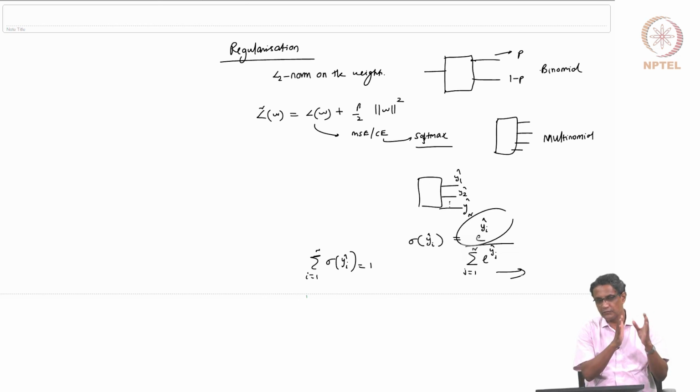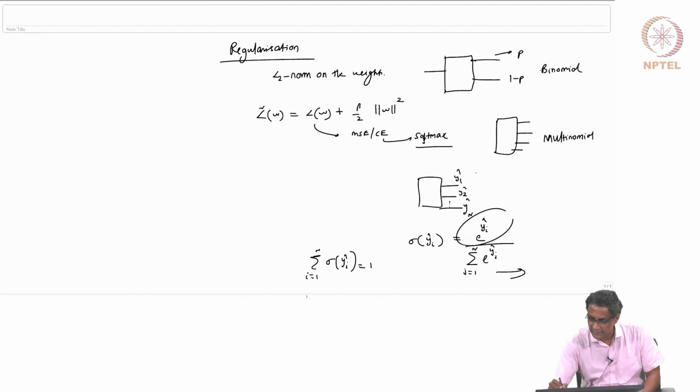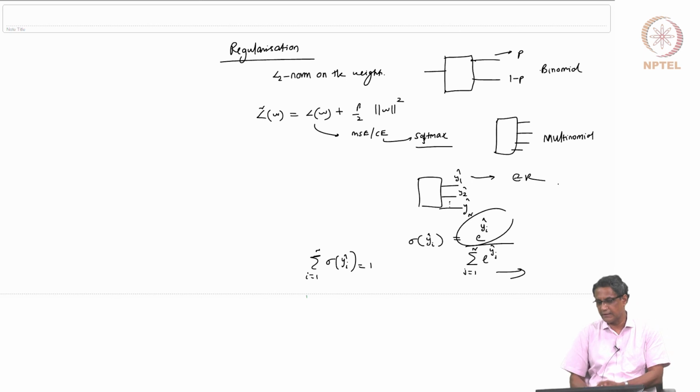You are still free to do whatever you want prior to that, whatever activation you want to use. Don't limit yourself to 0 to 1 or anything. Those ŷi can be real numbers, there is no constraint that they have to be positive. And then eventually you convert them to a probability.